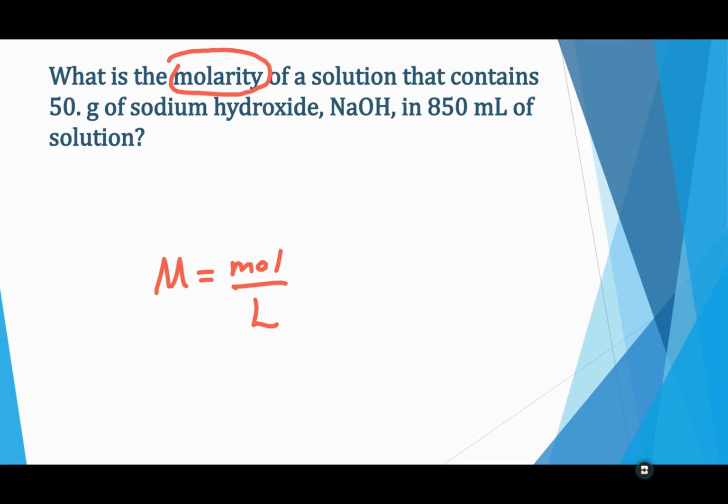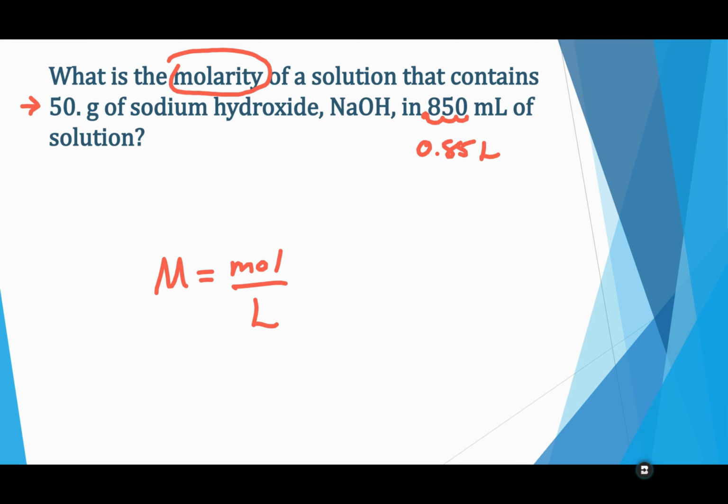We can use the molar mass to convert grams to moles. And here we have 850 milliliters, and we want liters, so we can use our King Henry. So 1, 2, 3 to the left, this is 0.85 liters.